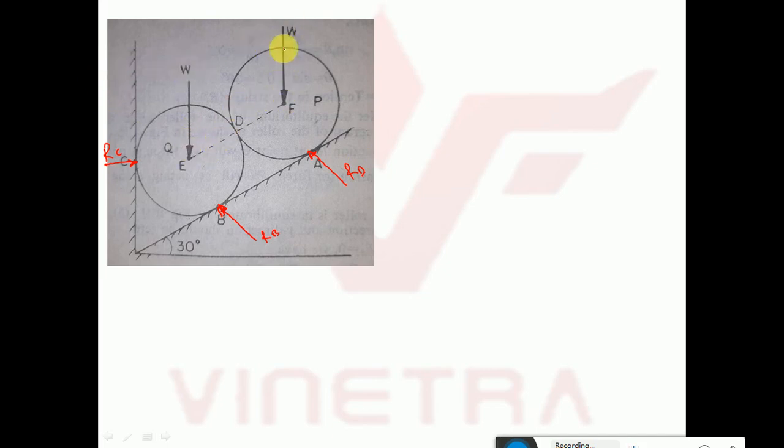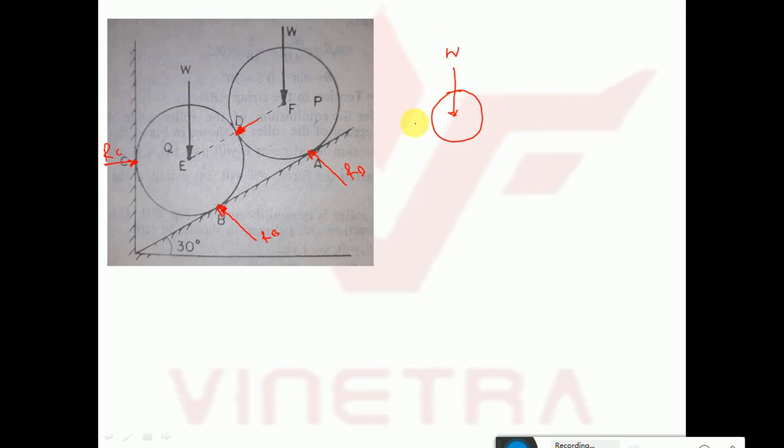Due to this vertically downward action of the force, this ball will in turn apply a load here, right? This is applying a force on this body. So if I take out the first ball, how does it look?